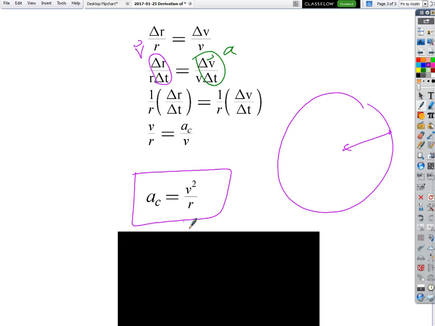Think about you driving a car. If you're driving a car and you're going a certain speed, are you going to panic more if you're going into a big broad turn or a really tight turn? Really tight turn. How come? It's not the speed. Speed's the same in both cases. The cruise control's on. It's that the radius of the turn is a lot smaller, right? Does that make sense? Okay.